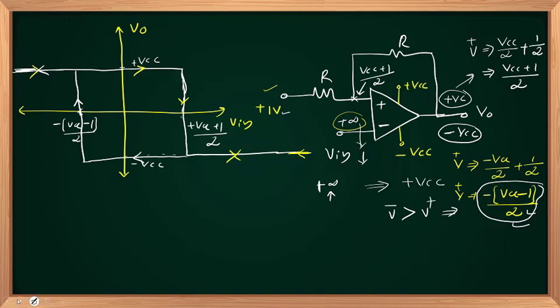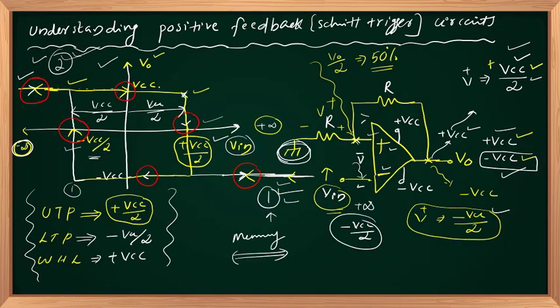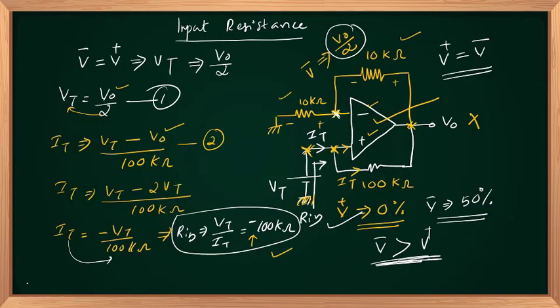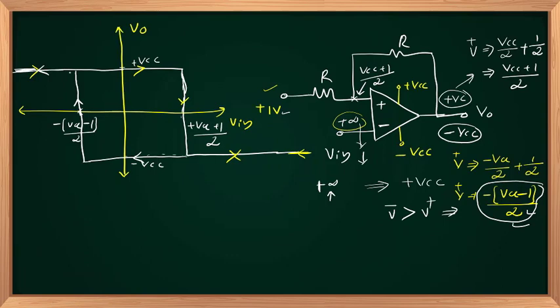Of course, the direction of your transfer characteristics looks same as earlier, bidirectional: down, left, right, left, up. The only difference is upper triggering point UTP is nothing but VCC by 2 plus 1 by 2, or VCC plus 1 divided by 2, the highest value of Vin at which there exists a change.